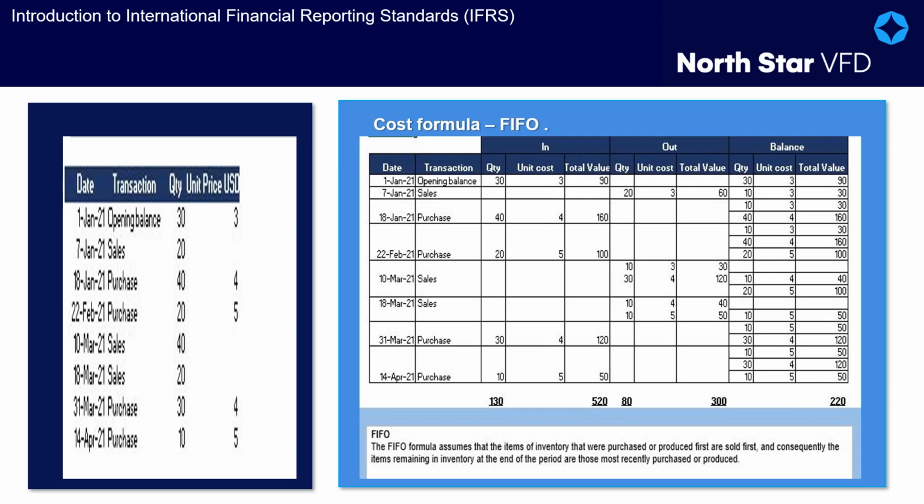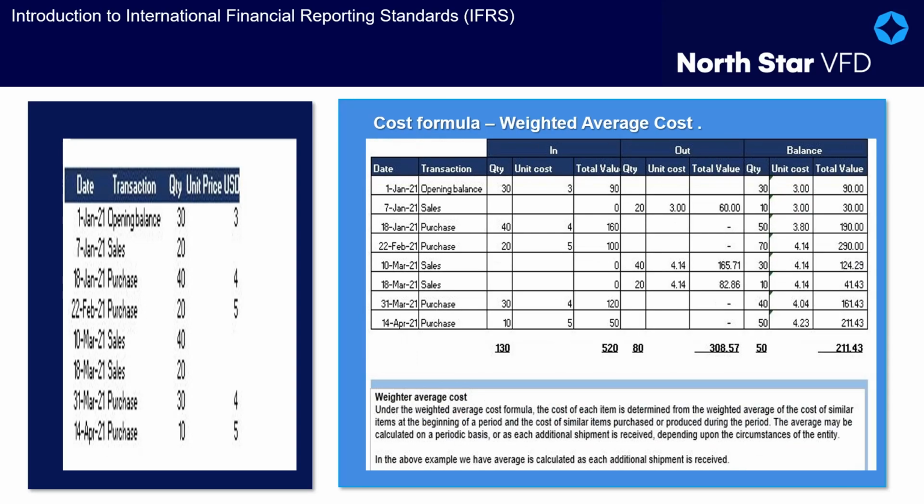In the illustration, you can find how the cost of the 40 units sold is computed. First, the cost of 10 units comes from January 1st, then the cost of 30 units is from the 18th of January purchase. Further, you may take note that the cost of remaining inventory as on the 10th of March is also computed as per the FIFO method.